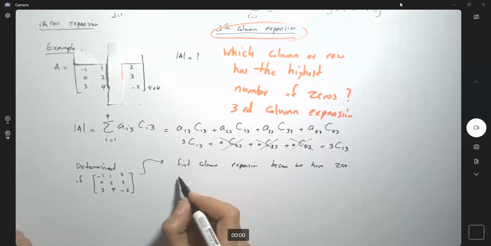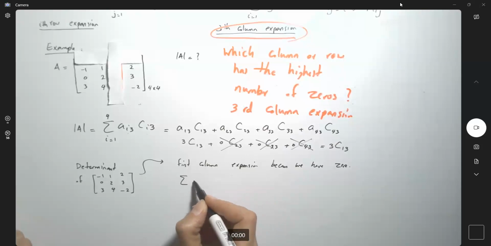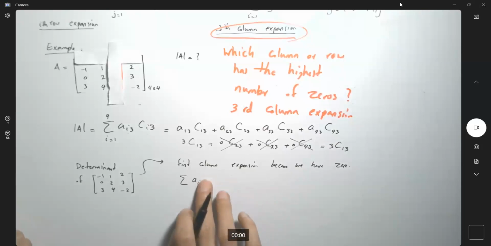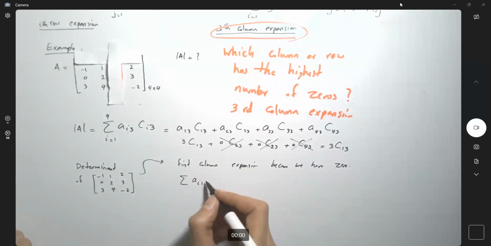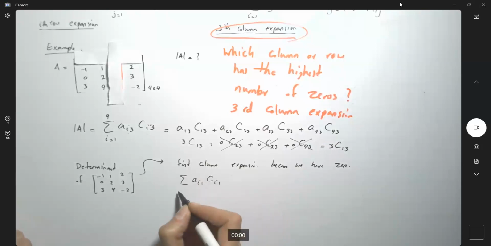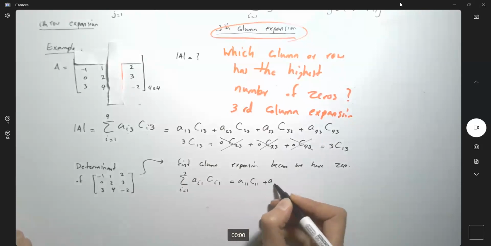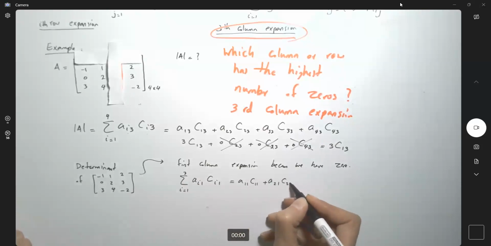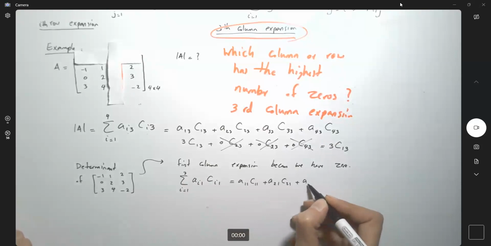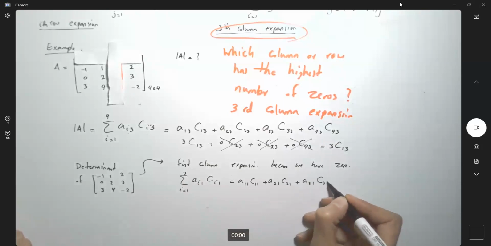So by using the formula, you have the sum of Ai1 Ci1, and i starts from 1 and goes to 3 because you have a 3 by 3 matrix, which is A11 C11, plus A21 C21, plus A31 C31.